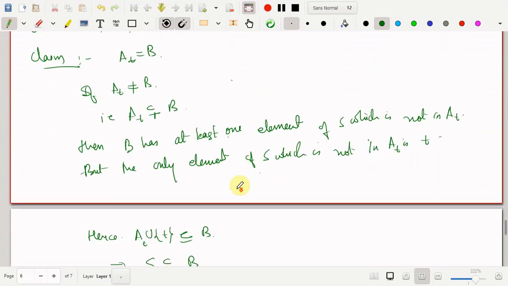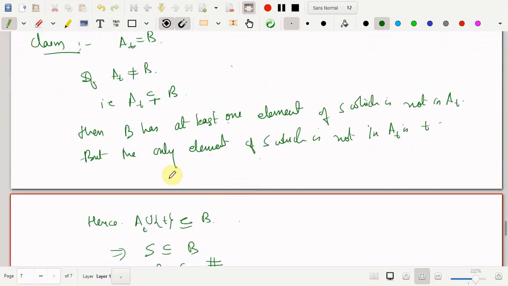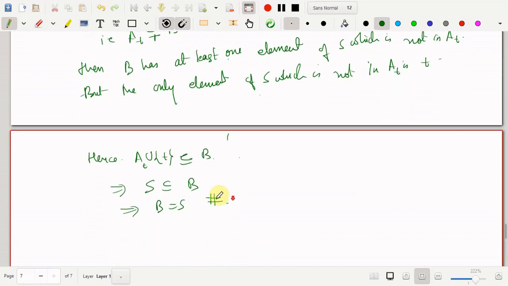So that is the contradiction we get from claiming that A_T is not equal to B. Therefore the only possibility is that A_T is equal to B.